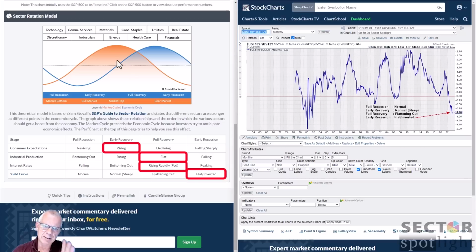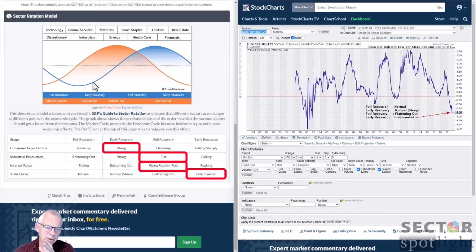We're going to take a look at the sectors in a minute, but I think there is a bit of a disconnect going on here. So where I should put it exactly is debatable, but I think I would prefer, especially with the uncertainty around the yield curve, to put it somewhere between early recovery and full recovery, possibly leaning towards full recovery.